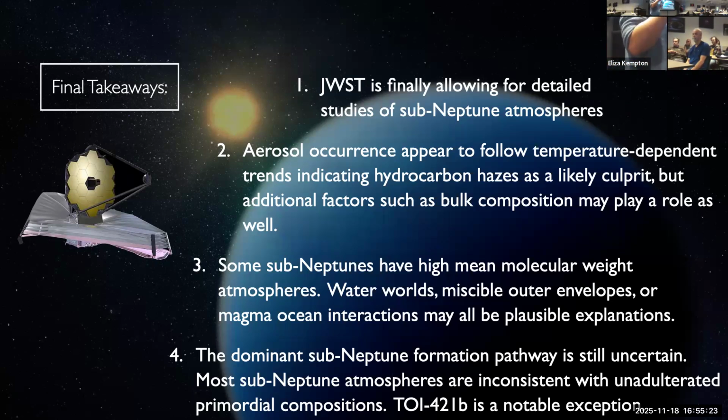Just because you mentioned population statistics, it seems like Webb is really good at characterizing these atmospheres on an individual level. But how long is it going to take to actually get those population statistics? So we've probably had 100 exoplanet atmospheres already observed with JWST, and a few tens of atmospheres of sub-Neptunes.